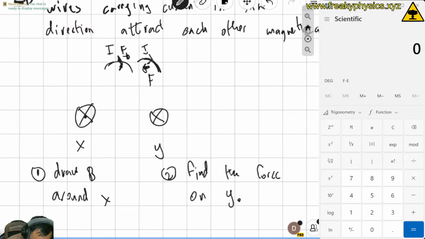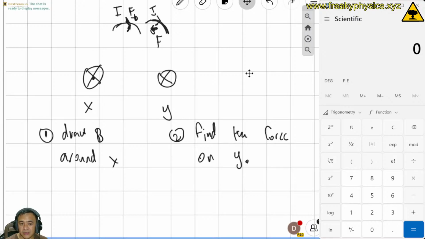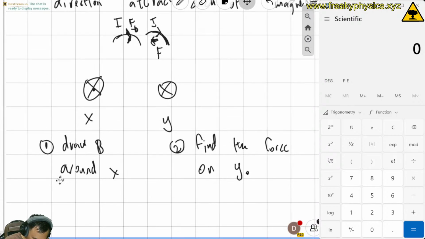If we look at the magnetic field around X, which way is it gonna go? Clockwise or counterclockwise? Going into the page, use the right hand. Clockwise. Okay, so this is right hand. And for the force, we're gonna use left hand.